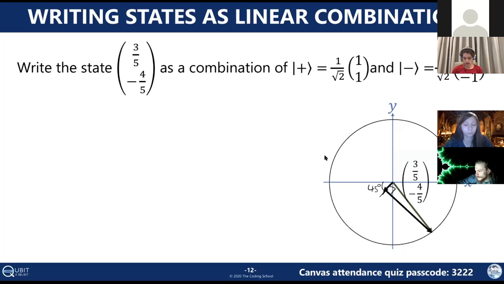The idea with these two states is we can adjust the relative value of our second element by the fact that this is the negative of our plus state.